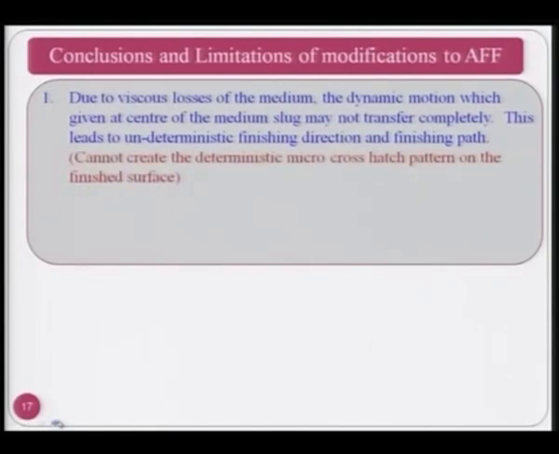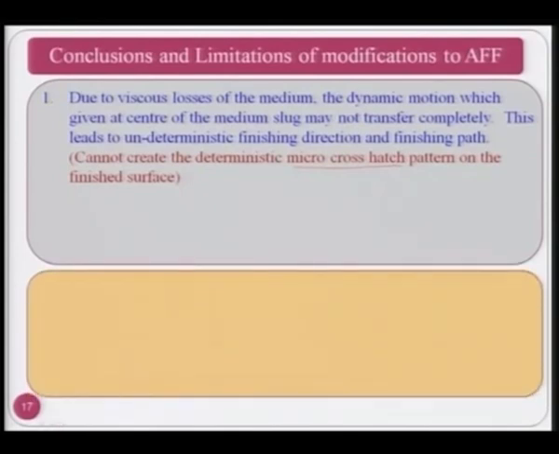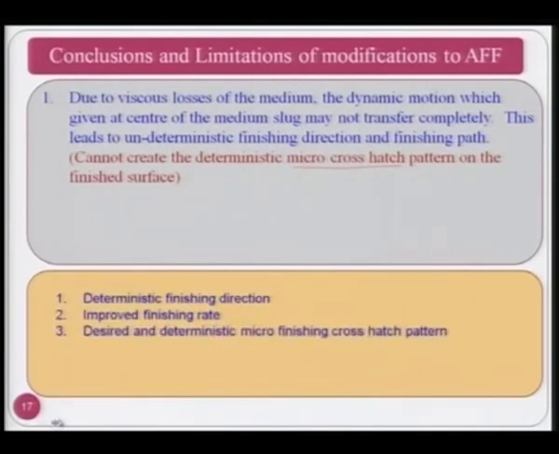It cannot create the deterministic micro cross hatch pattern on the finished surface. This micro cross hatch pattern is the main characteristic of the honing process which we normally get. What we want is a deterministic finishing direction, improved finishing rate, and a desired and deterministic micro cross hatch pattern.